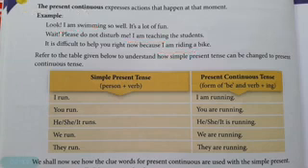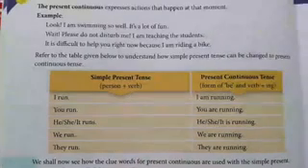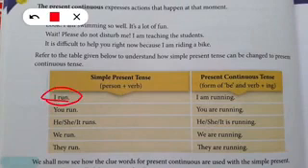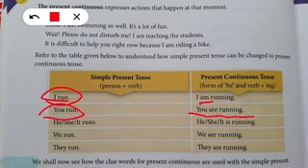Look at the table. Simple present tense, present continuous tense. I run. This is simple present tense. But present continuous tense, I am running. You will add am plus verb plus ing. See the next one. You run. You are running. So we are adding are here. See the next. He or she or it runs.